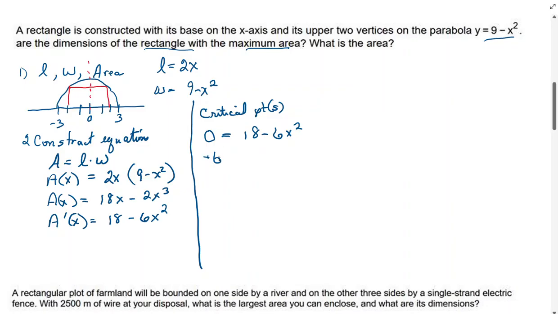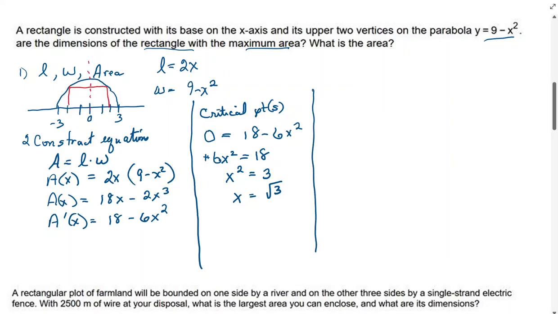Moving it over here, I'm going to divide by that 6. And so x is going to be plus or minus the square root of 3. Well, we don't want a negative height, so we're only taking the positive. All right.